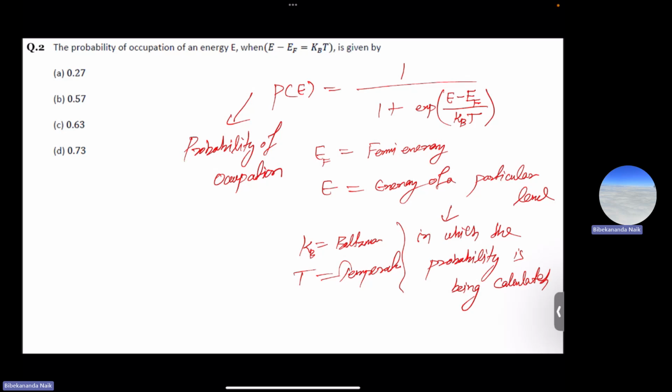You just need to put the condition, and the condition is given to us, that is E minus EF equals to KBT. So if you put the condition, you can easily calculate what will be the probability of occupation. So I'll give you a few minutes to calculate and decide whether option A or option B or option C or option D will be correct.